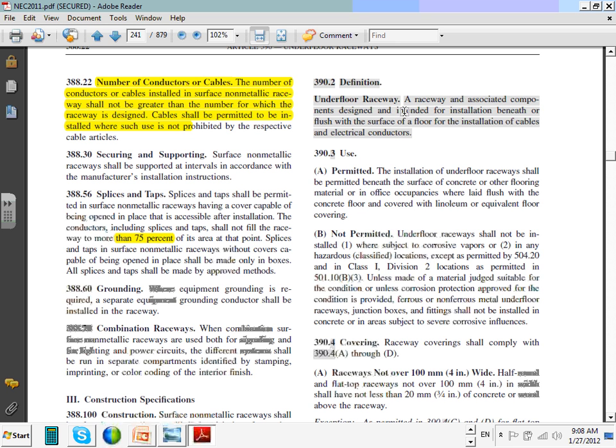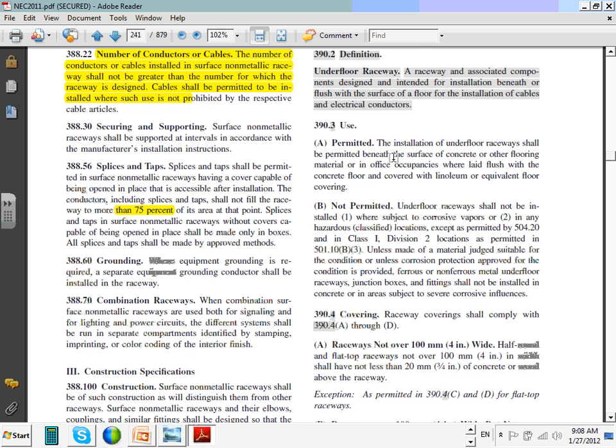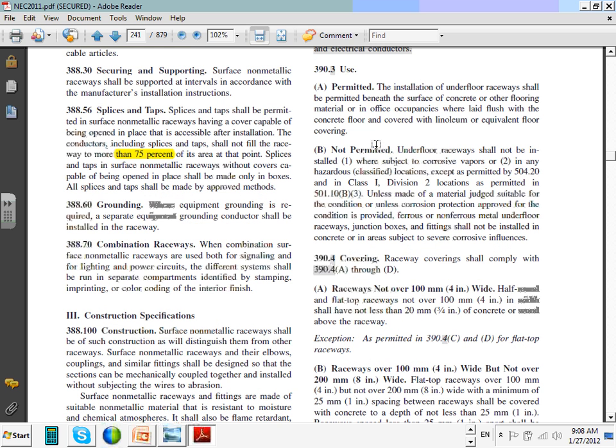Here's how they define it: a raceway and associated components designed and intended for installation beneath or flush with the surface of a floor for the installation of cables and electrical equipment. Use is permitted beneath the surface of concrete or other flooring material, or in office occupancy where laid flush with the concrete floor and covered with different types of covers.